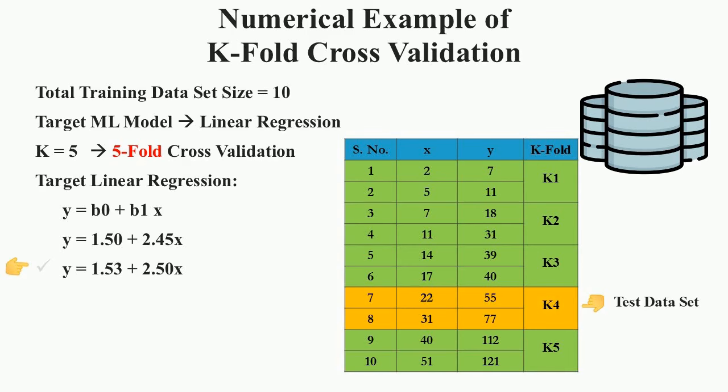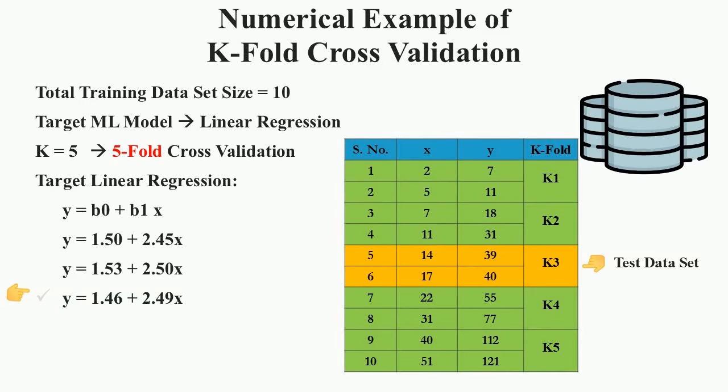Next, K1, K2, K3 and K5 are used for training and K4 is used for testing the model. A linear regression equation is shown here with B0 and B1. Then, K1, K2, K4 and K5 are used for training and K3 is used for testing the model. A new regression equation so obtained is shown here.